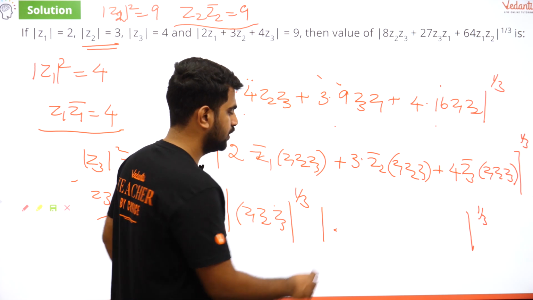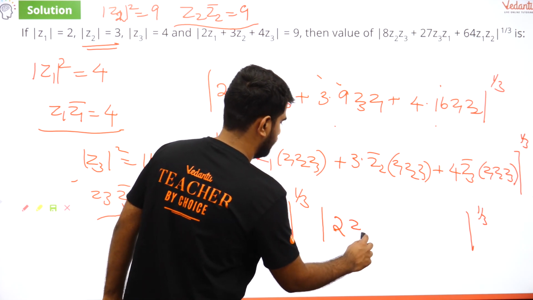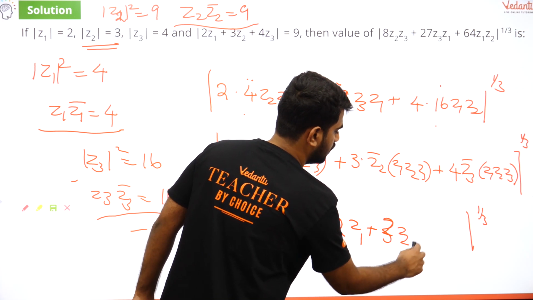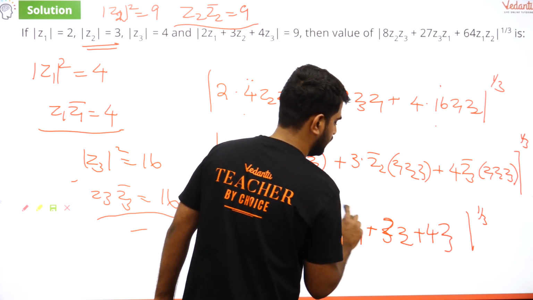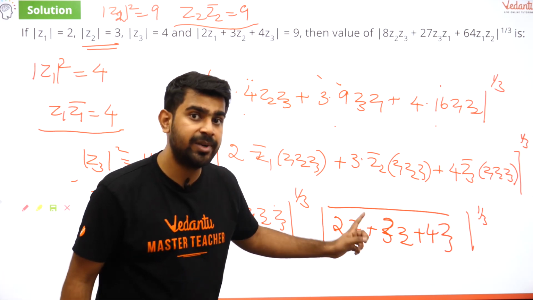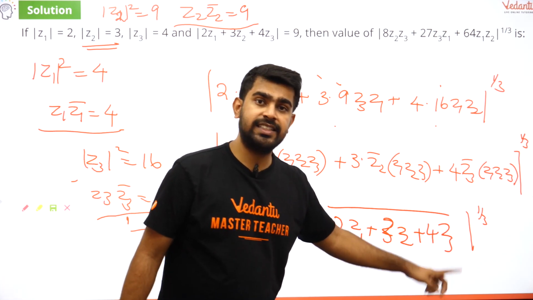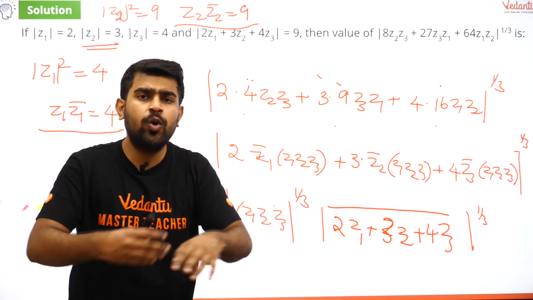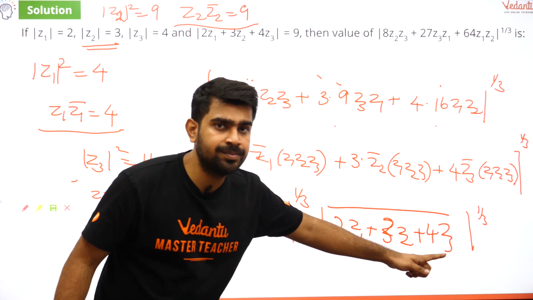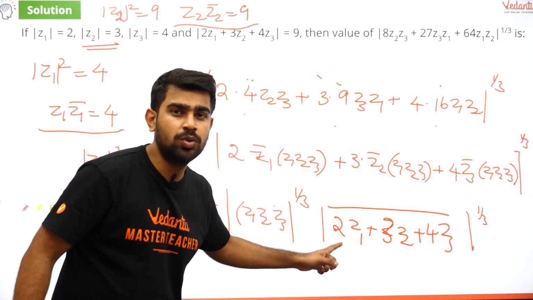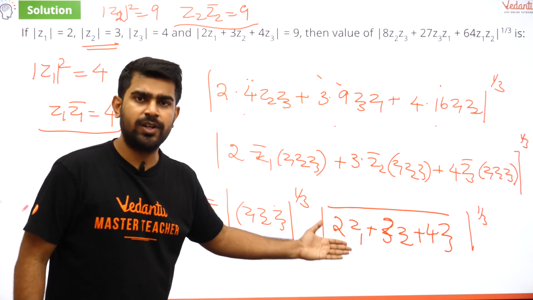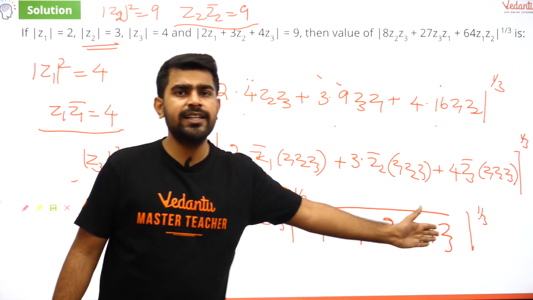Can I say it is 2z1 plus 3z2 plus 4z3 the whole bar? I can say that because I had z1 bar, z2 bar, z3 bar. I can take it to be whole bar as well, right? Whenever I apply a whole bar, it will be applied to each and every term. So if I apply bar to 2, no difference. 2 bar and 2 is the same thing. That is what I had previously. So there's nothing wrong in doing this.